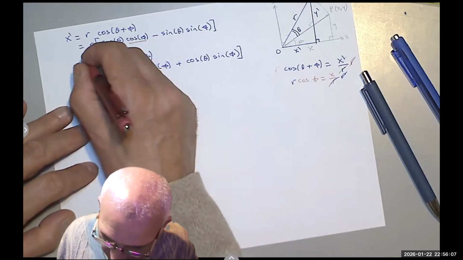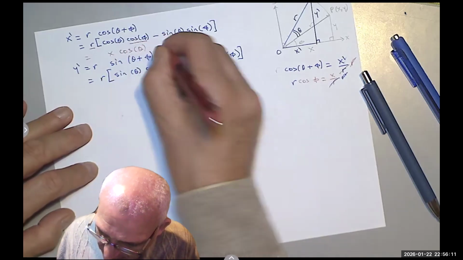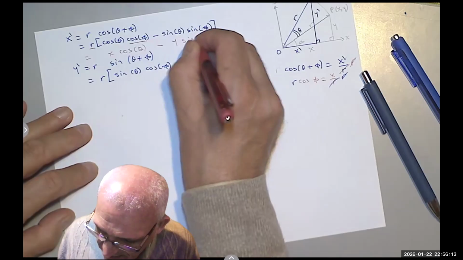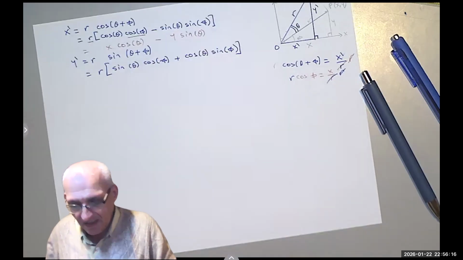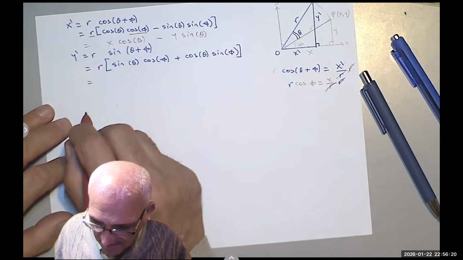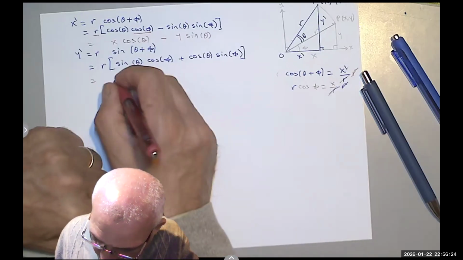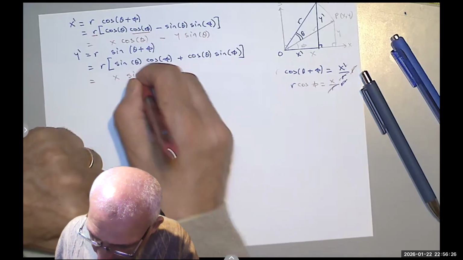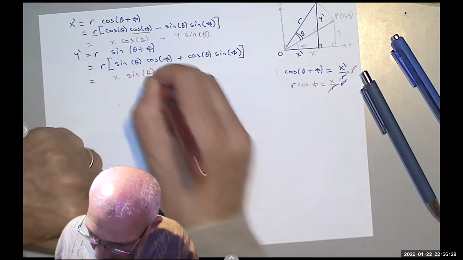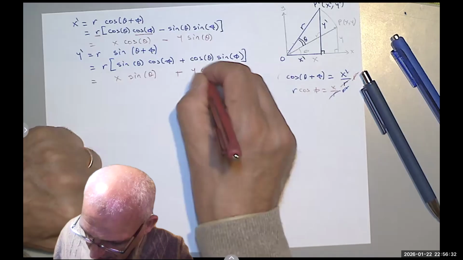So I get x cos theta minus y sine theta. And here I get this is x sine theta plus y cos theta.